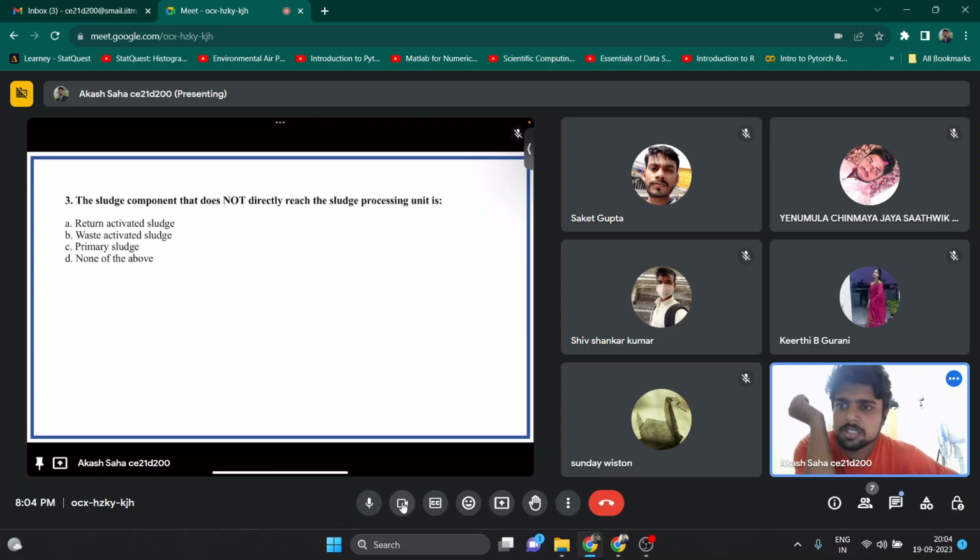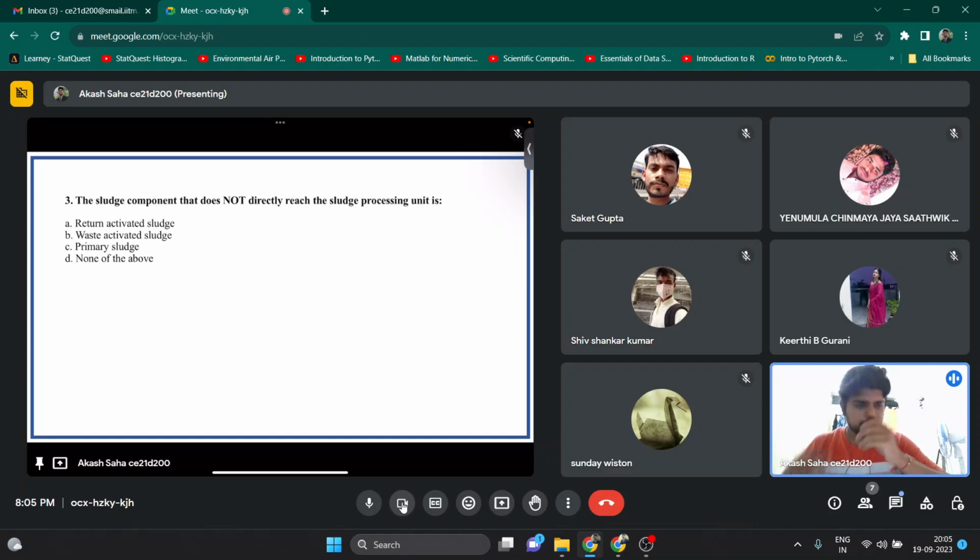The next question: the sludge component that does not directly reach the sludge processing unit. The options are return activated sludge, waste activated sludge, primary sludge, none of the above. Which component does not directly reach the sludge processing unit?